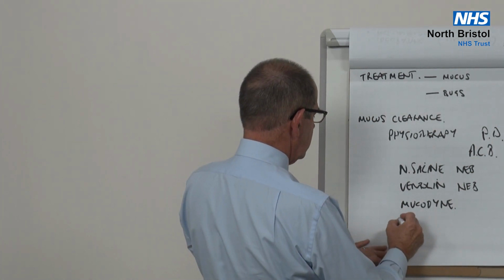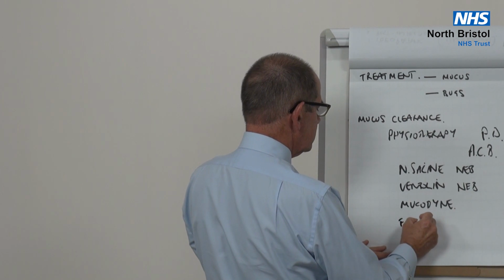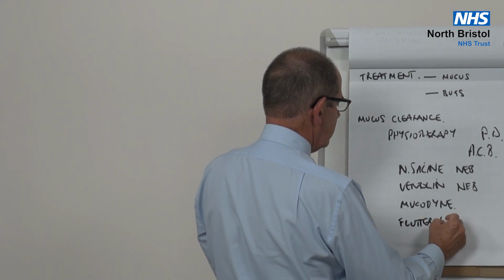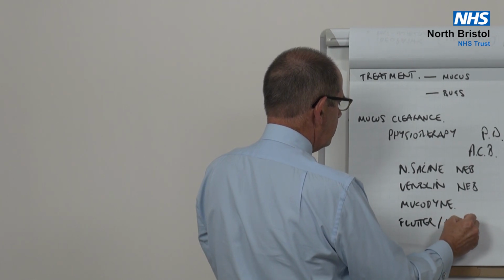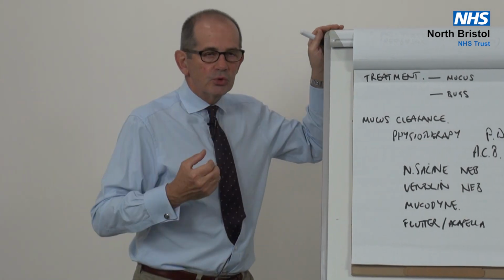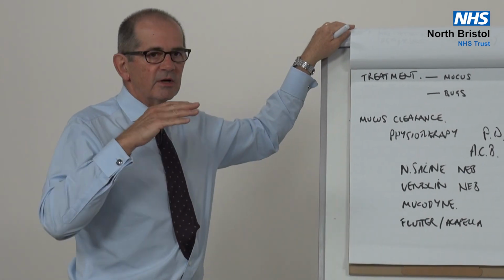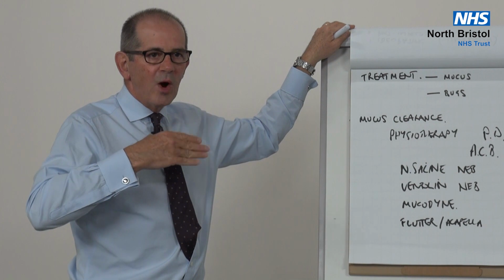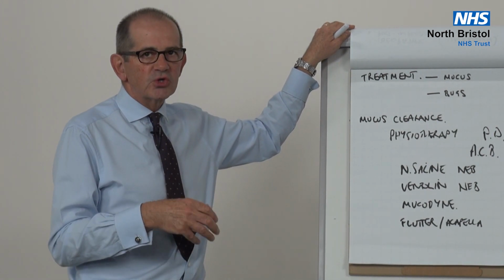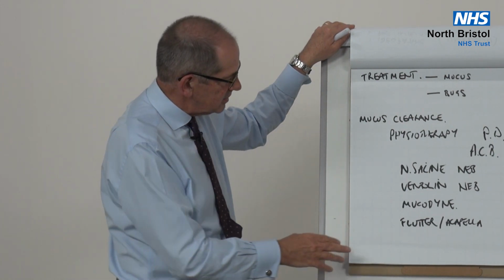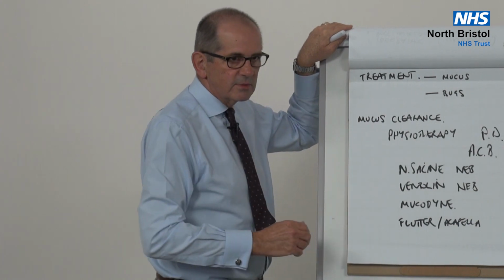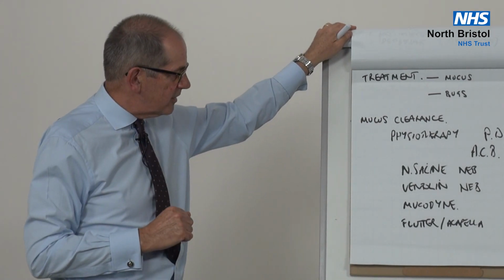And there are some other devices which can help with your physiotherapy, like the flutter valve and the a cappella. These are both devices that you breathe into, and breathing into the device sets up a wobbly wave of air in your tube. So it's like shaking the tubes from the inside, and it helps shake the sputum loose. So these devices are really helpful, particularly for people who can't tip themselves upside down for one reason or another.